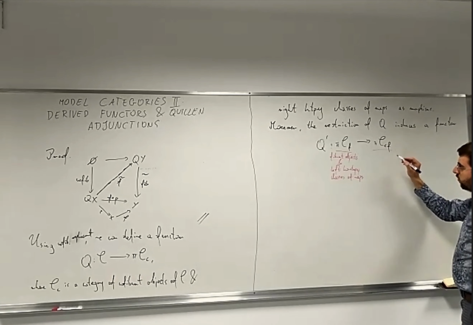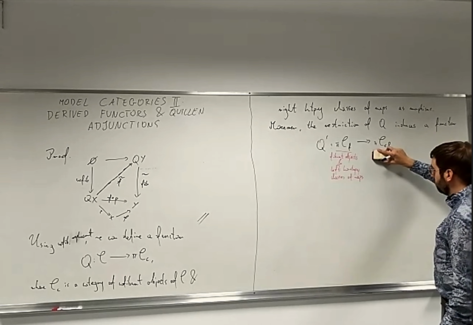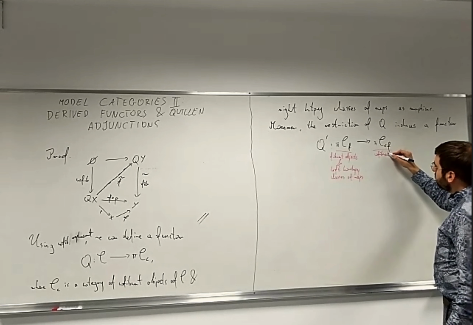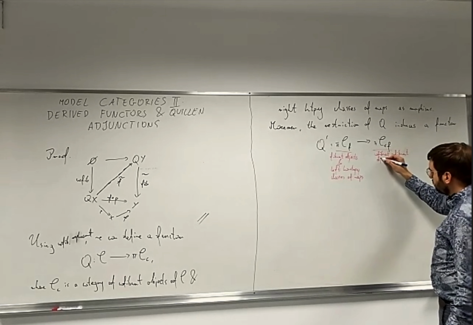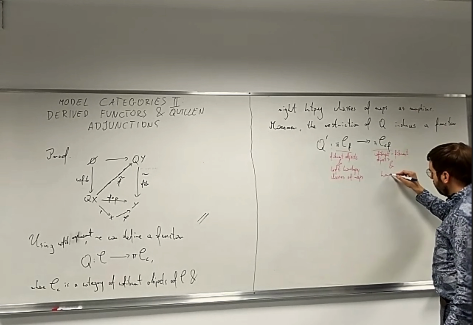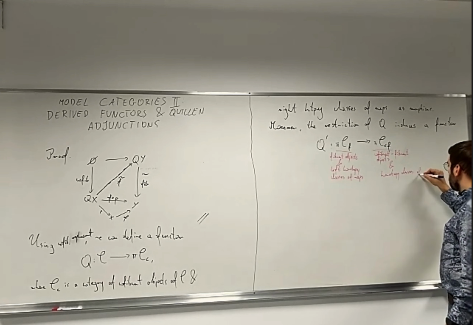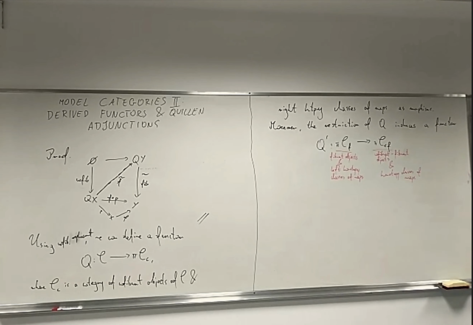And over here we have fibrant, cofibrant objects, or rather I should say cofibrant, fibrant objects. And here I can say just homotopy classes of maps, because if I have a map between cofibrant, fibrant objects, then the notions of left and right homotopy coincide.